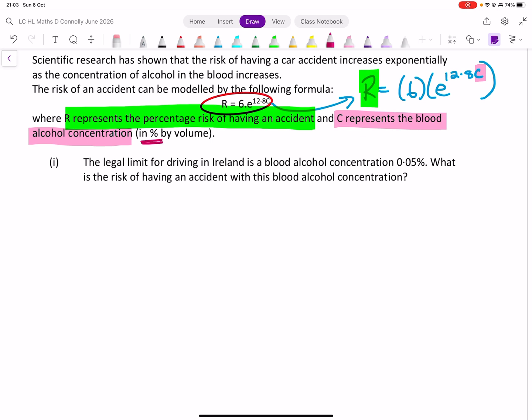What is the risk of having an accident with this blood concentration? Okay, let's see what comes out here. So it's 6 times e to the 12.8 times 0.05. Okay, hang on, pause for a second while I get my calculator.